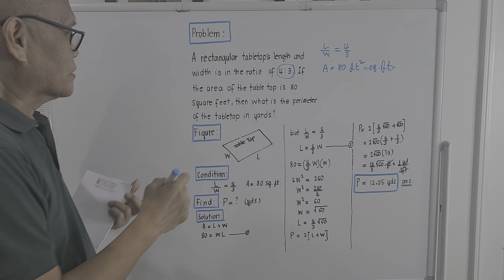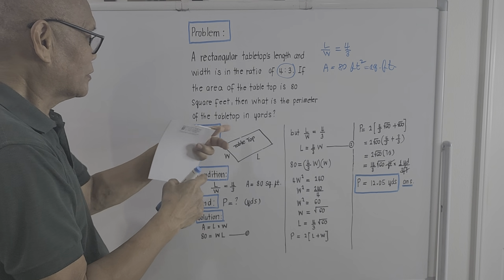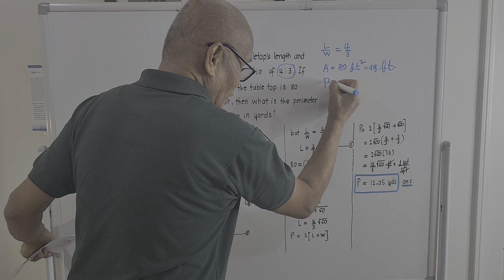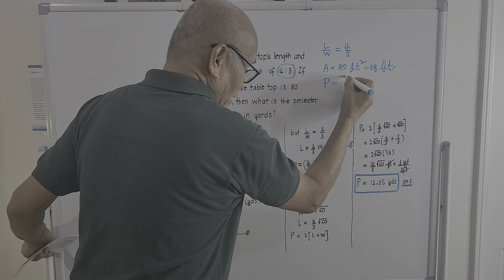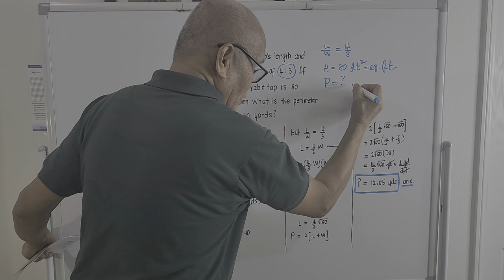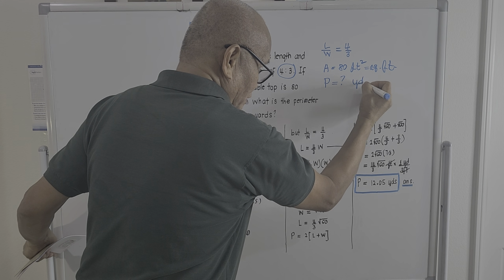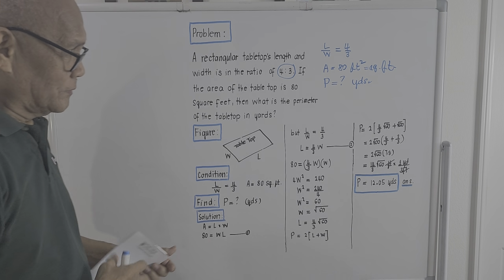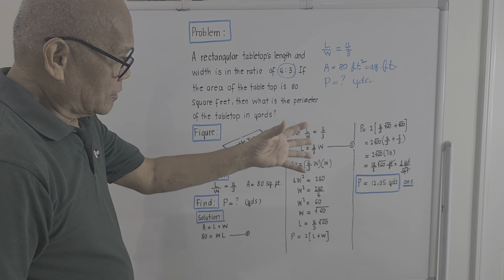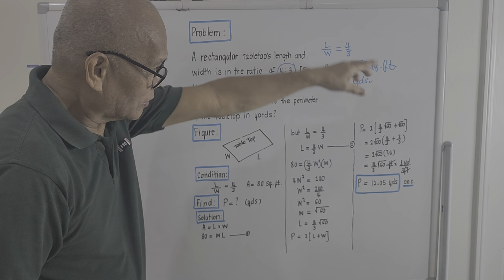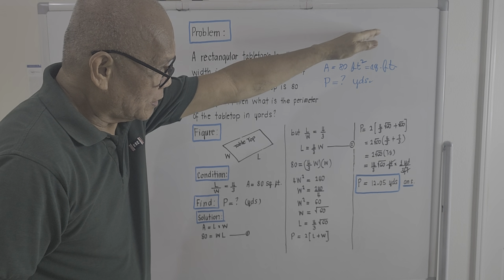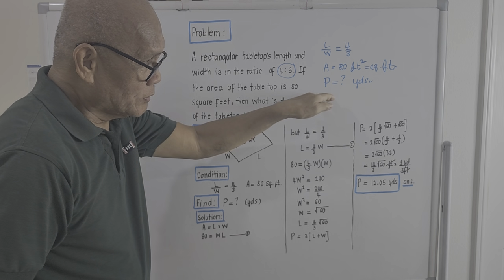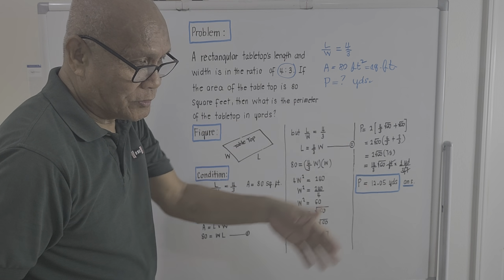The problem is asking what is the perimeter of the tabletop in yards. Capital letter P will be the perimeter, and the problem is asking for its value in yards. The problem is not tricky. The given dimensions are originally in feet, and the problem is asking for the perimeter in yards, so it's just a matter of conversion.